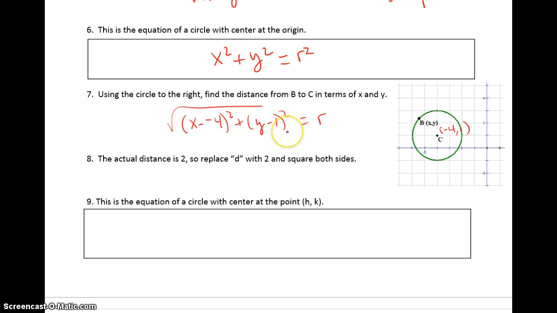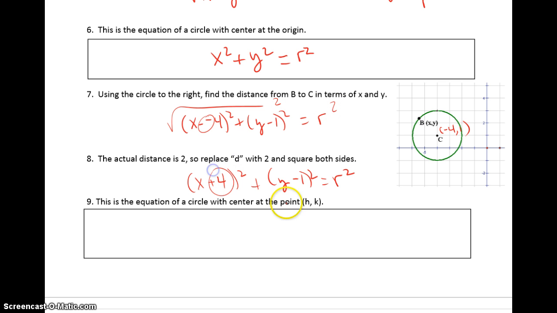And we'll square both sides. So we get x minus negative 4, which is x plus 4, the two negatives became positive, squared plus y minus 1 squared equals r squared. And again, that came from squaring both sides.